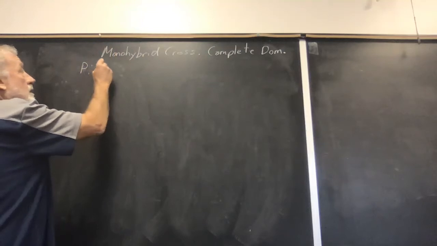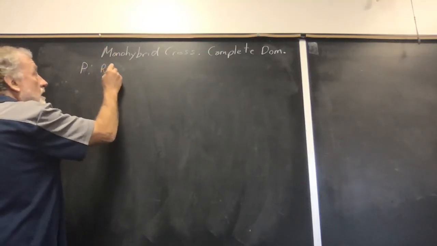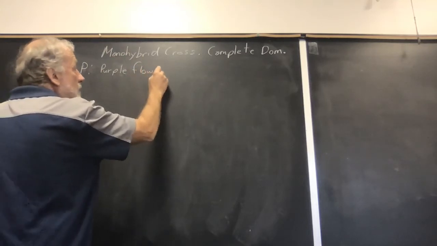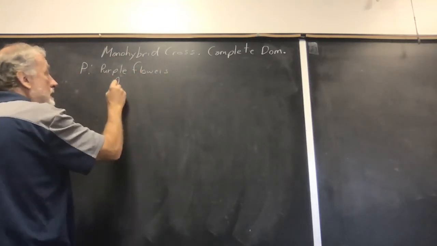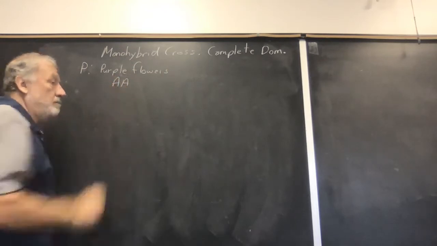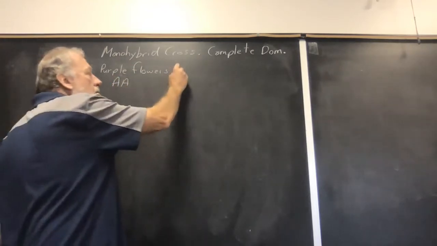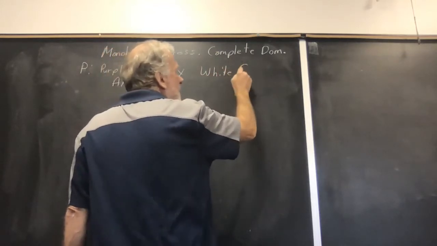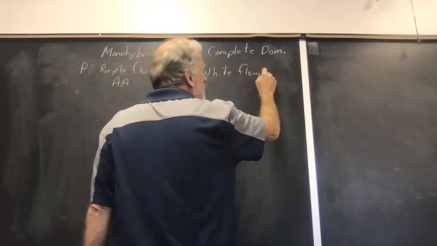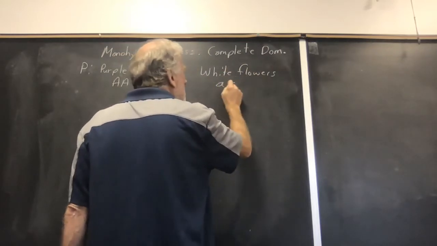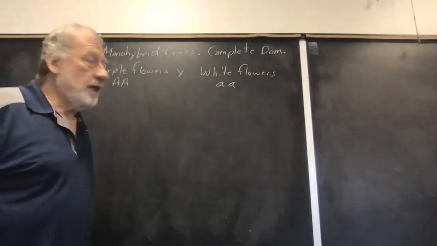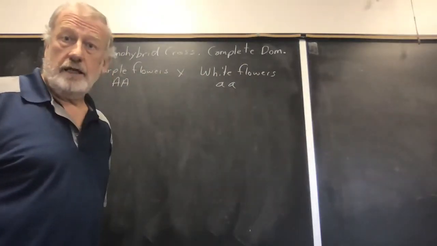Parental generation. Pea plants that have purple flowers. That's the dominant trait. I guess dominant, big A, big A. Cross them. Plants that have white flowers. That's the recessive trait. And so those plants are genotype little a, little a.